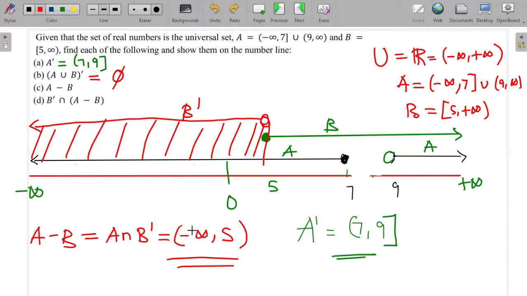A minus B, which is the same as A intersection B complement, is this part that I've shaded in red here. Now we want to intersect this part that I've shaded in red with the B complement. What answer am I going to get?